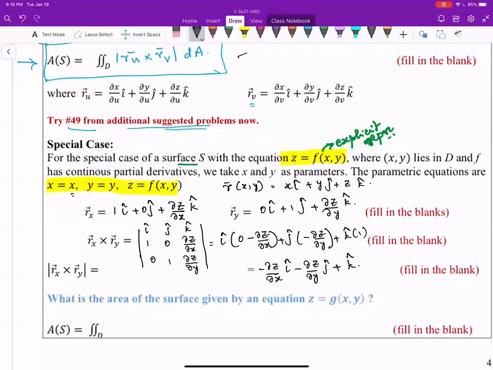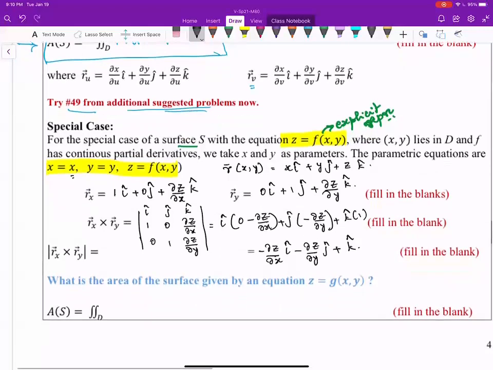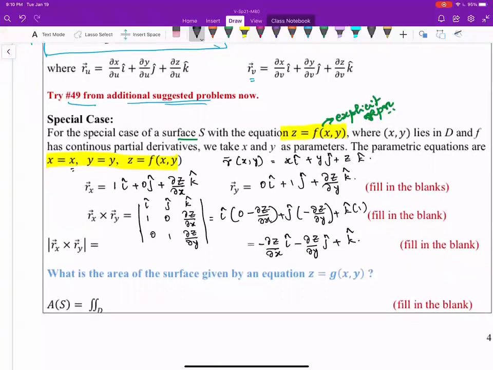Thus, you get the vector Rx cross Ry to be negative partial derivative of z with respect to x i, negative partial derivative of z with respect to y j, plus k.